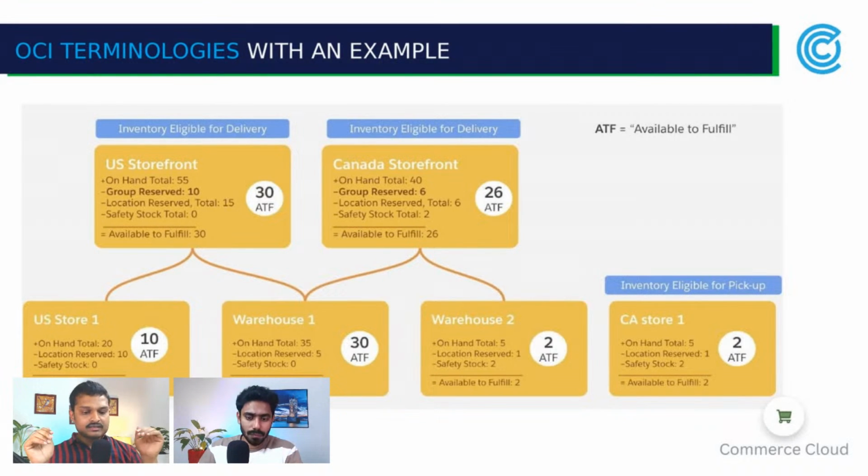But look at the inventory eligible for pickup. For example, I'm placing an order as a BOPIS item. I'm specifically selecting that I want this item from this particular store. Buy online, pick up from store: sitting in my office, I can place an order and go to the store and pick up the item.